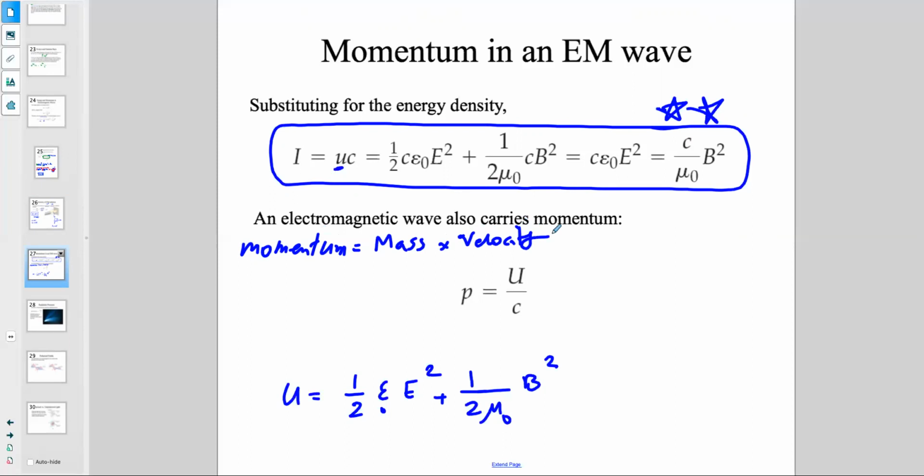But in order to find the momentum of the electromagnetic wave, you have to divide the energy density of these electromagnetic waves by C, which is the speed of light, to get p, or the momentum.